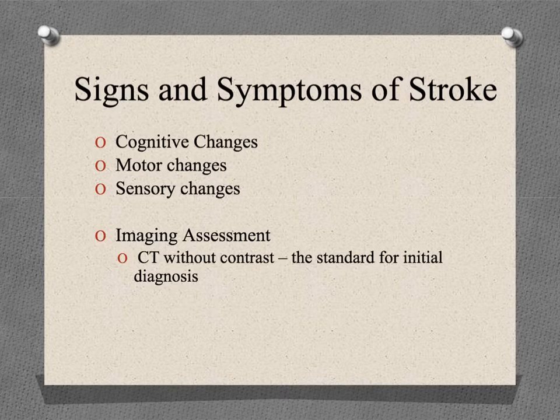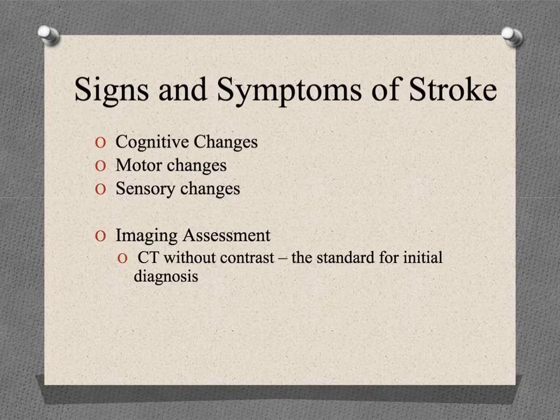Stroke symptoms can appear any time of day or night. The 5 most common symptoms are sudden confusion or trouble speaking or understanding others, sudden numbness or weakness of the face, arm, or leg, sudden trouble seeing in one or both eyes, sudden dizziness, trouble walking or loss of balance or coordination, and a sudden severe headache with no known cause.